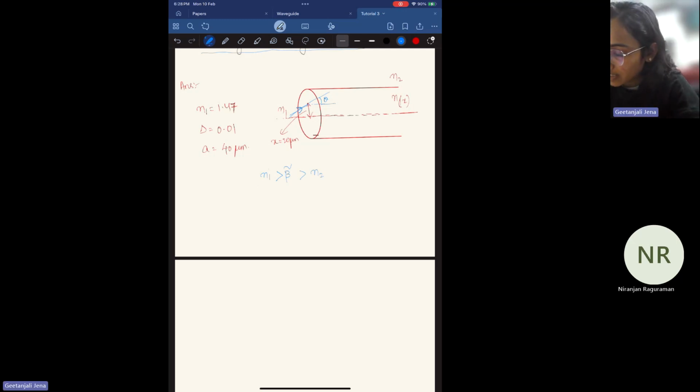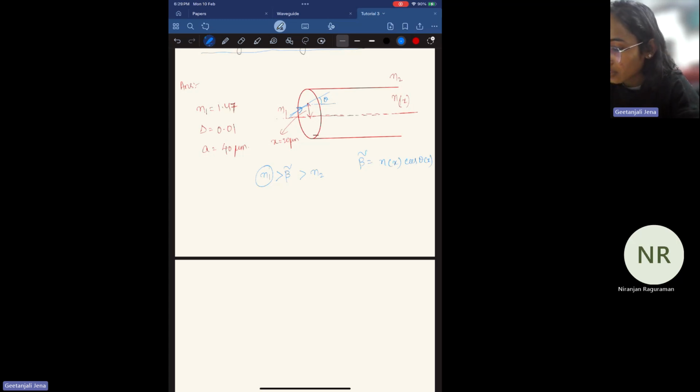Now the N1 here is not the axial refractive index, because beta tilde is given by n(x) cos theta(x). It is the ray path constant.